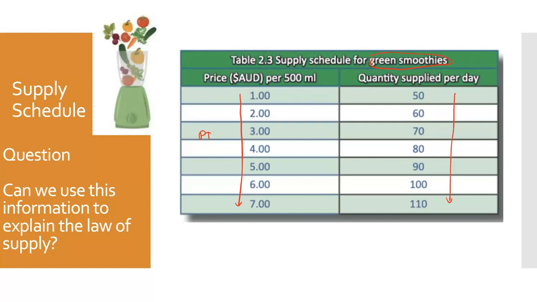So at $2, I am prepared to supply 60 smoothies as suppliers. But if the price increases to $6, I'm prepared to supply 100. Because you can see the relationship is as price goes up, supply will also go up. I'm prepared to supply more green smoothies as the price I can sell them for goes up.